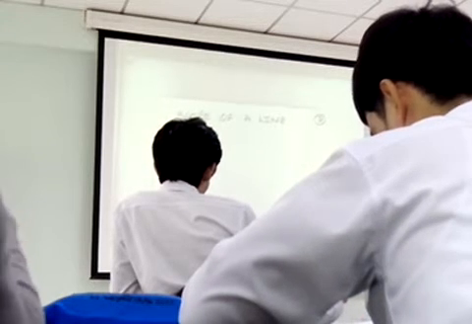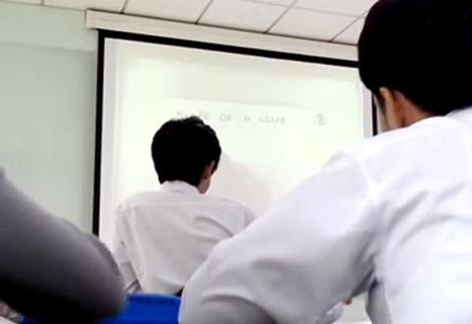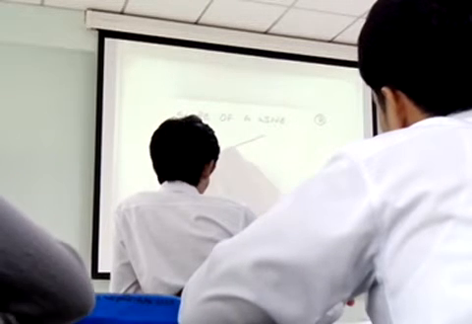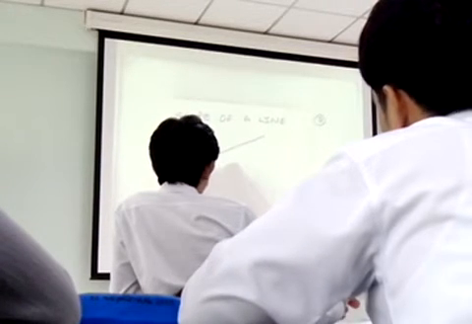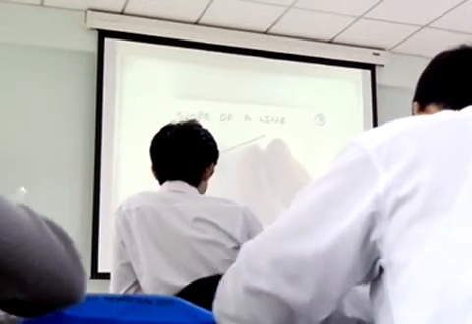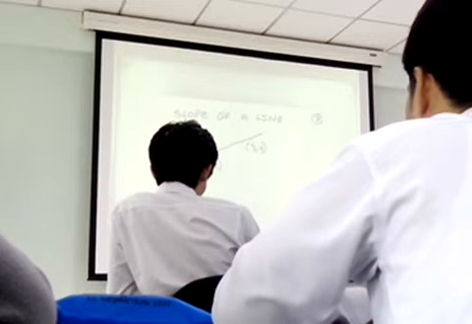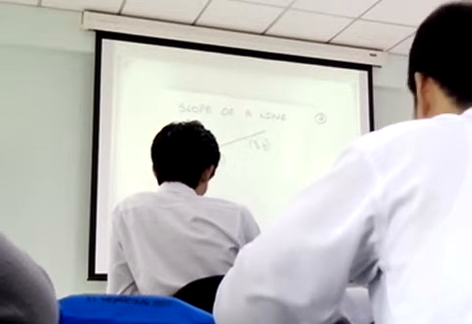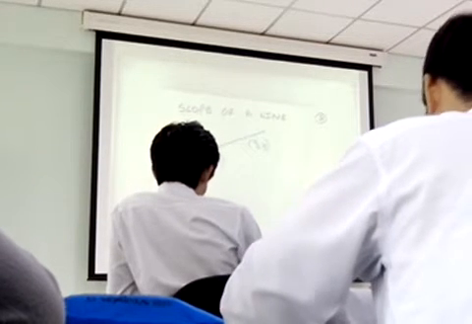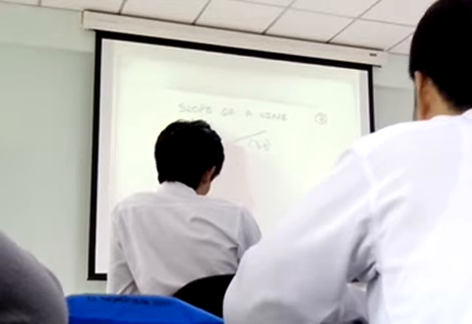Slope of a line. So let's suppose we have 2 points: 1, 2, and 3, 4. Do you know the word slope?